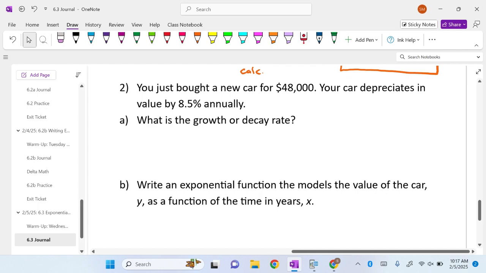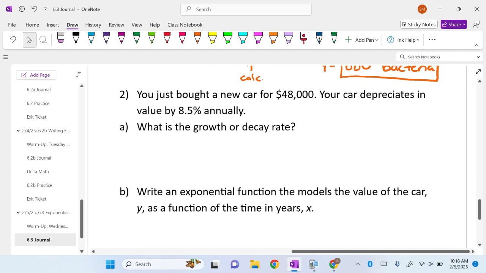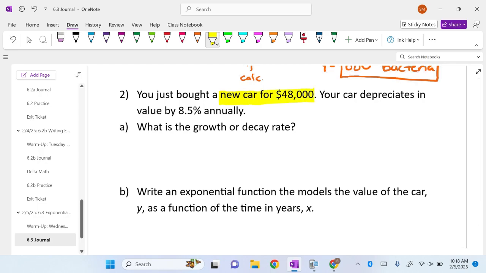All right, last problem. So you just bought a new car for $48,000. Your car depreciates in value by 8.5% annually. And first off, it wants us to find the growth or decay factor.